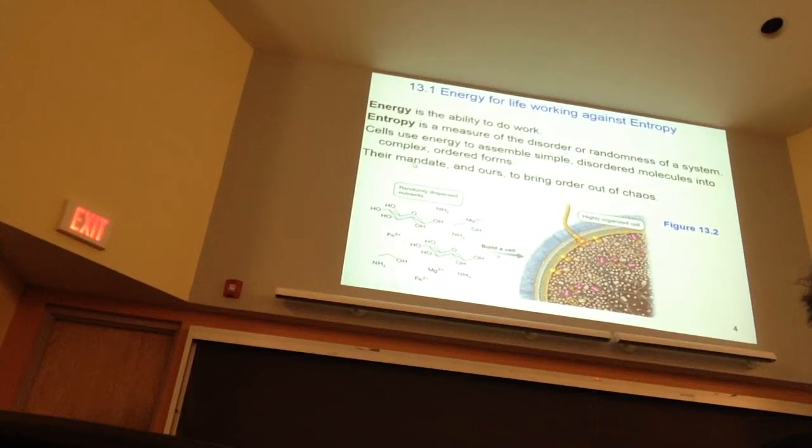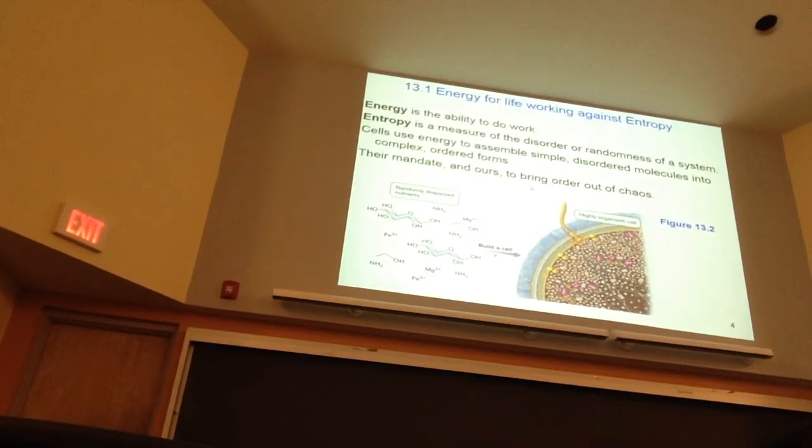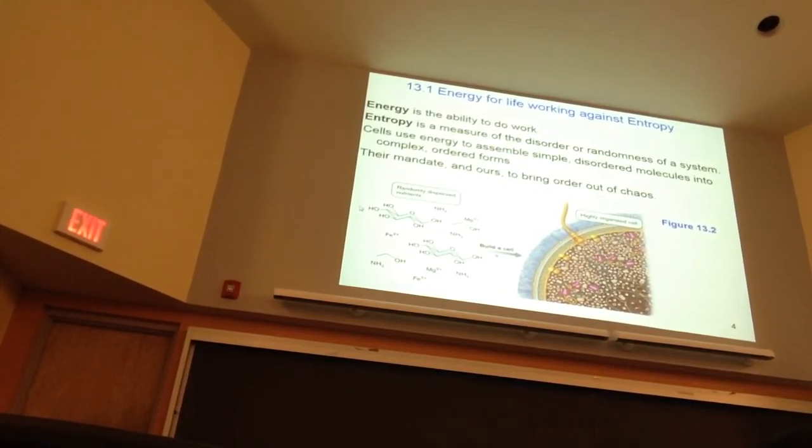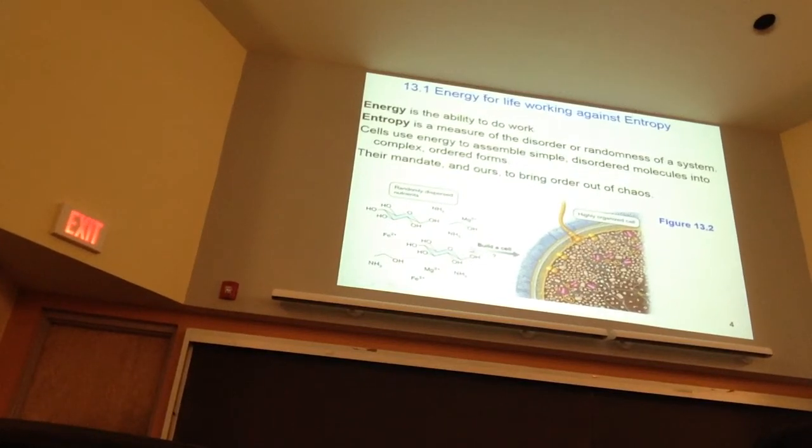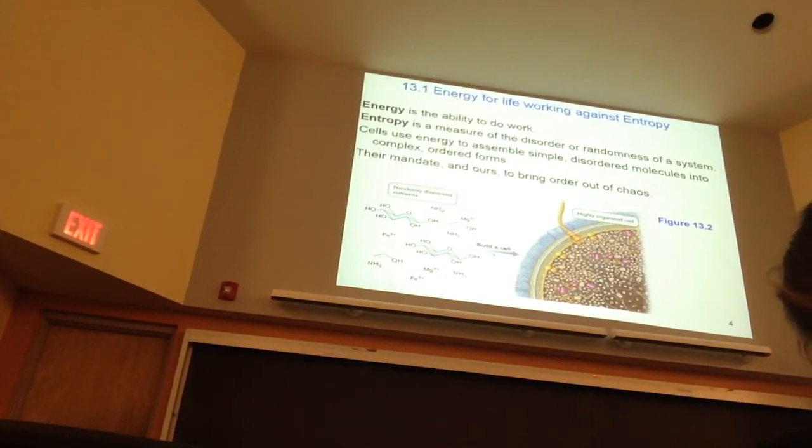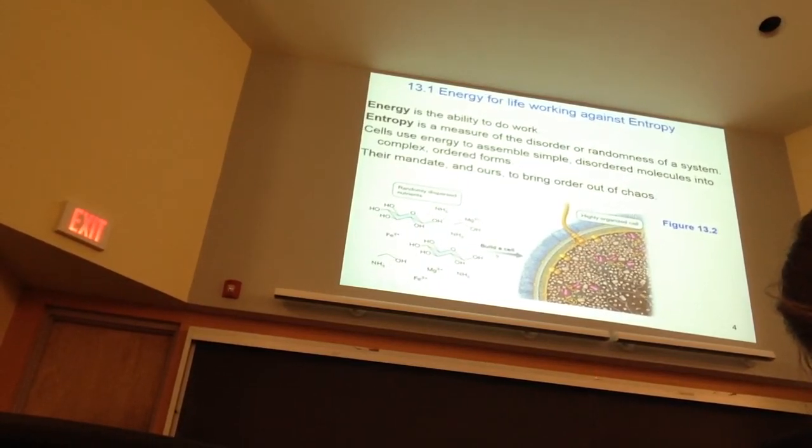And I say their mandate, cell's mandate, and ours is to bring order out of chaos. So here it's fairly chaotic outside the cell. There's a pretty random mixture of sugars and nitrogen sources and salts.